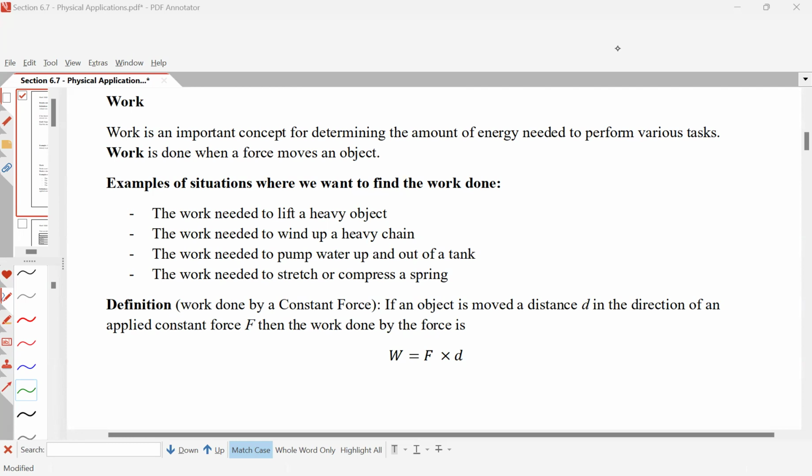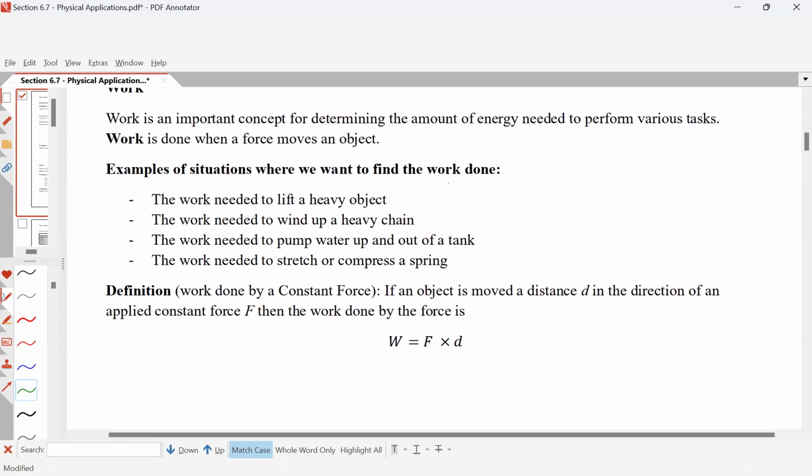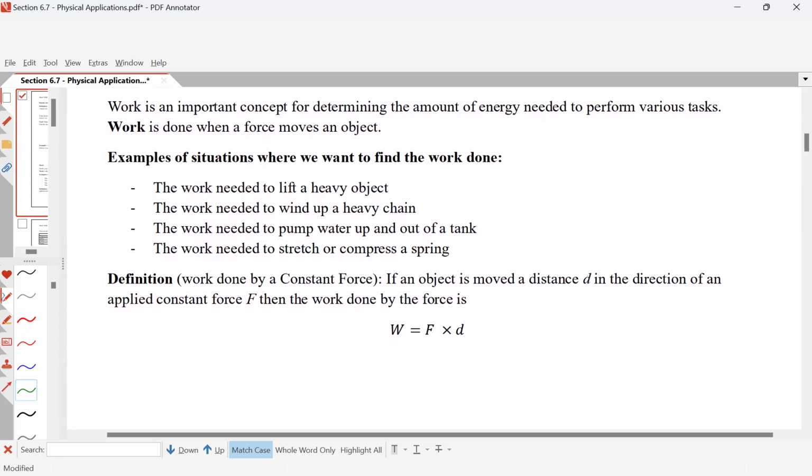Work is done when a force moves an object. We are specifically going to look at the instances of lifting up a heavy object, winding or pulling up a heavy chain, pumping water up and out of a tank, and stretching or compressing a spring.